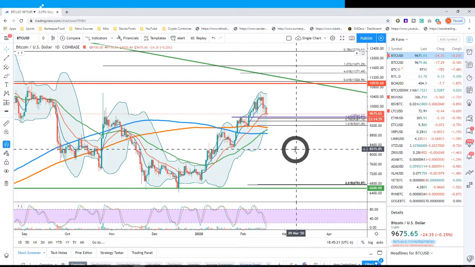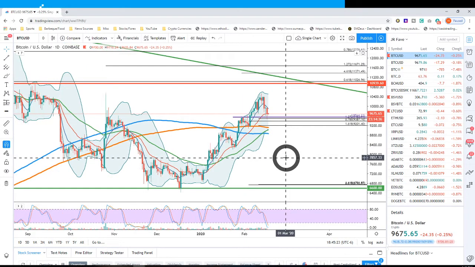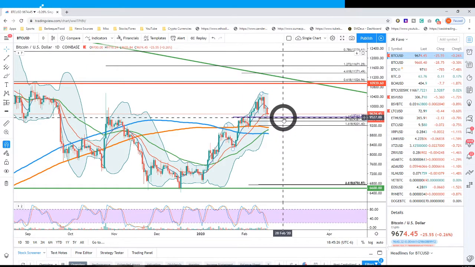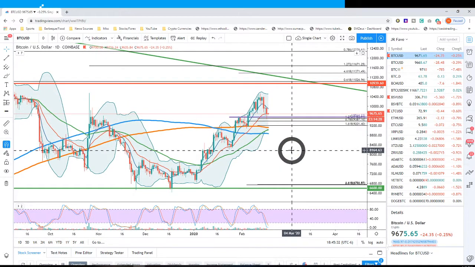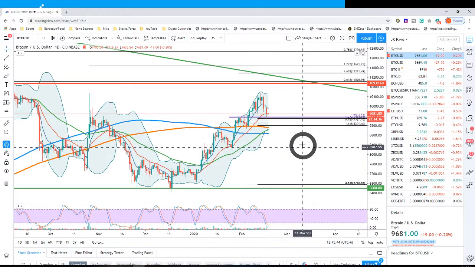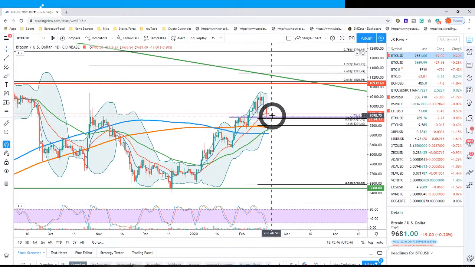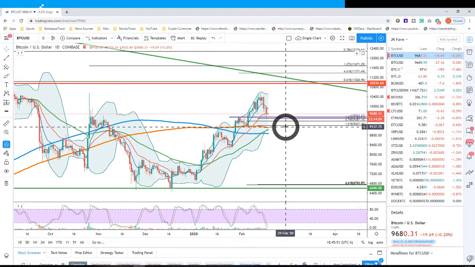Fabio, I've been long Bitcoin. I have. I mean, I'll probably add some in this area. I want to see how things go a little bit tonight, maybe even tomorrow. I want to see this area confirm and hold before I just go assume that it will, right? So I want to make sure that this area is going to hold right here, because if it doesn't, I can get a little bit cheaper down here.